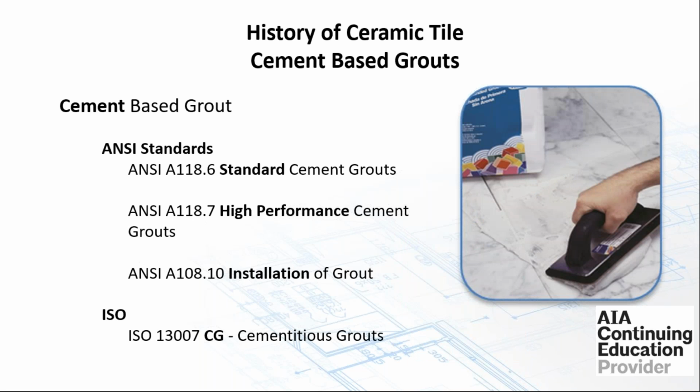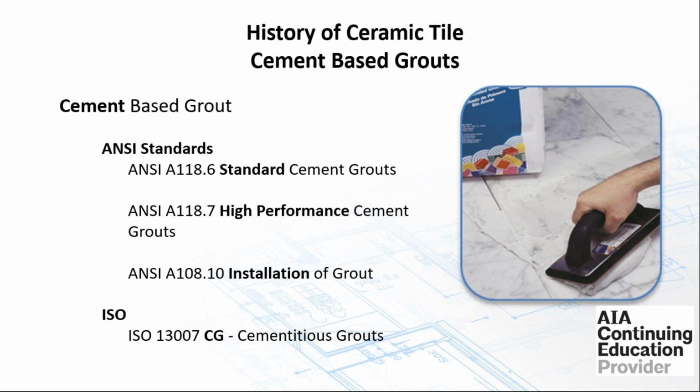When we take a look at the basic Portland cement type grout, we're looking at our ANSI standards A118.6, which is a standard cement grout. And then we also have ANSI A118.7, which is a high performance cement grout.